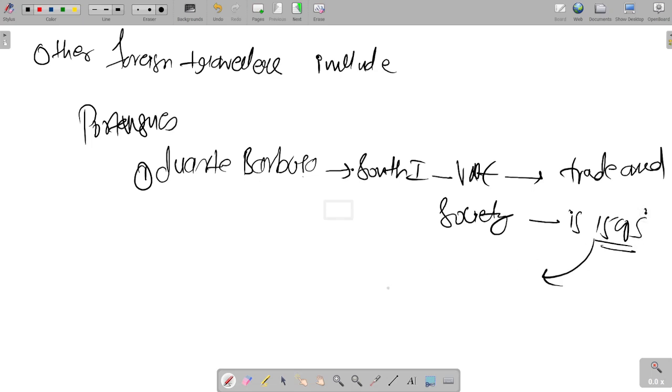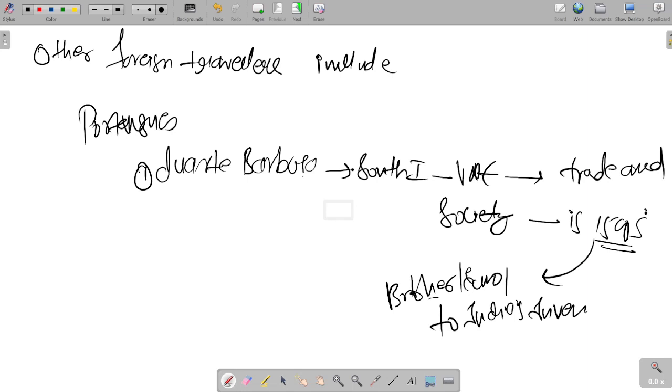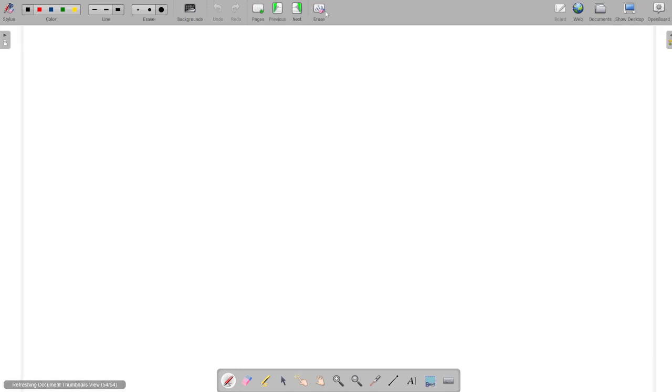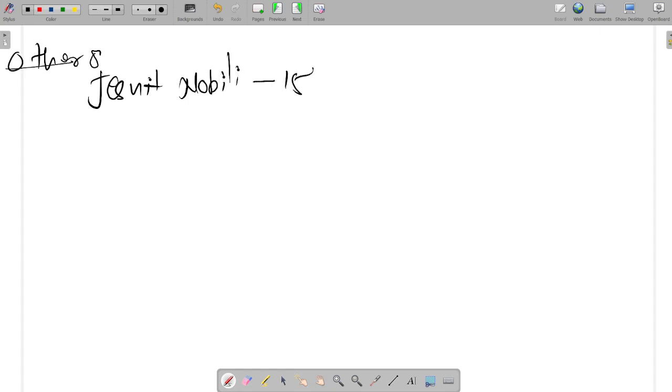This led to the influence of Britishers/Europeans to India's advent. Another such Portuguese traveler was Jesuit Nobili, who visited during 15th century Common Era and translated Indian text to European and vice versa.